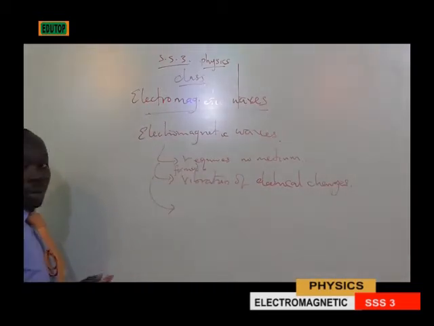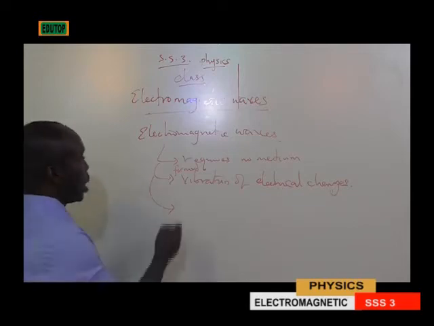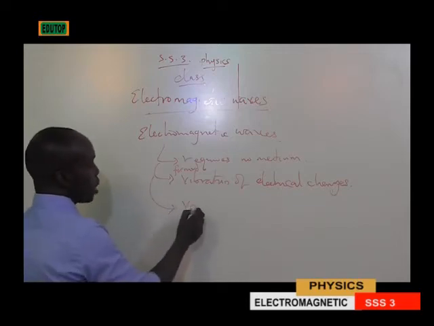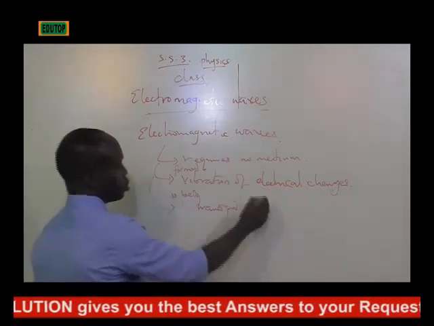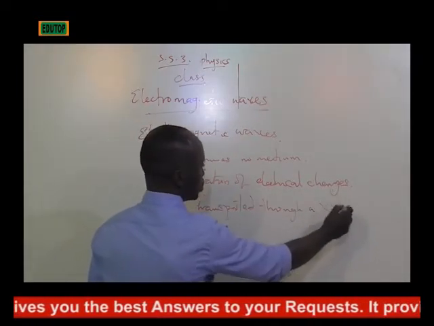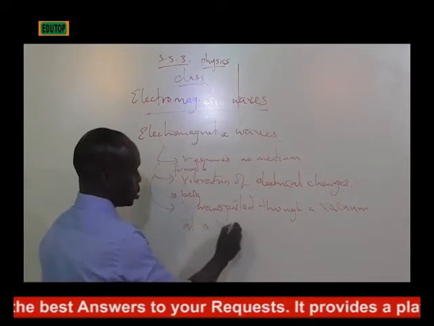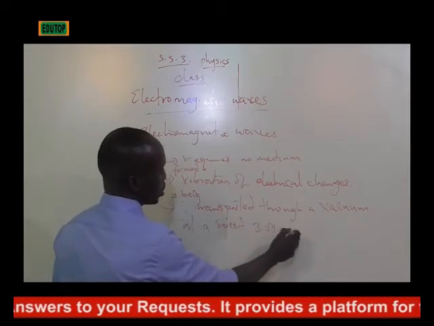The third point is that, based on what we said the other time, electromagnetic wave is transported through a vacuum at a speed of 3.00 exponential what?